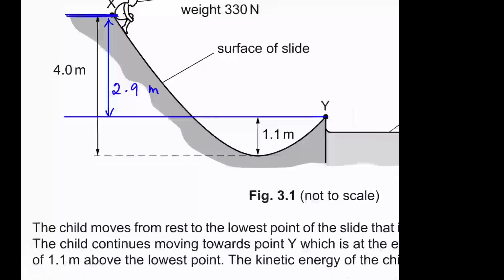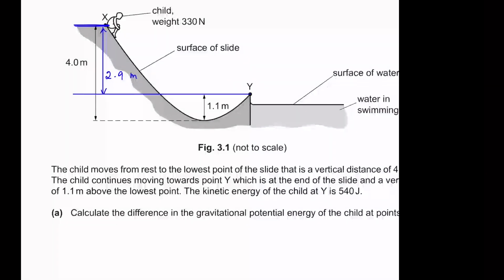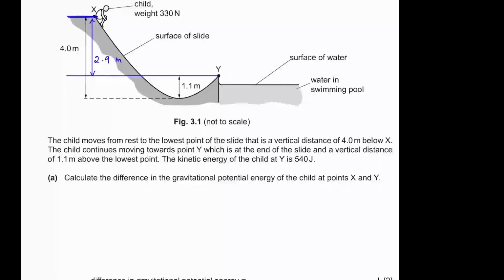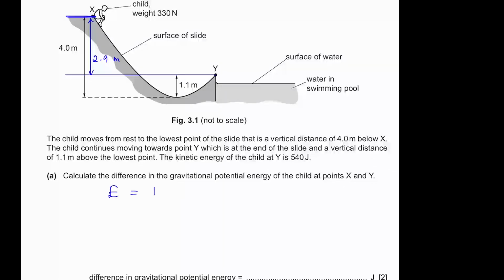If you are looking at the gravitational potential energy difference between the 2 points X and Y, we use mgh. mg is the weight, which is 330 newtons, times h, which is 2.9 meters. 330 times 2.9 is 957 joules.